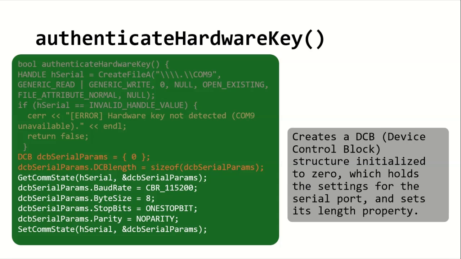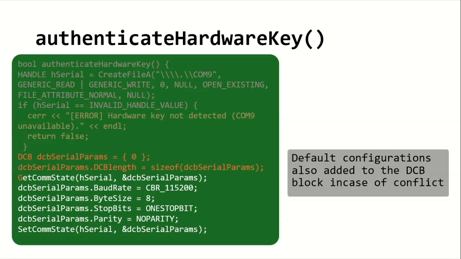So we have some DCB, which are device control blocks. We are going to create a device control block structure, which is initialized to 0, and it's going to hold some settings for the serial port, one of which is the DCB length. We set the DCB length equal to the size of the DCB serial parameters, which are in the next line.